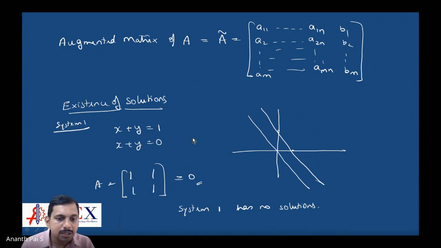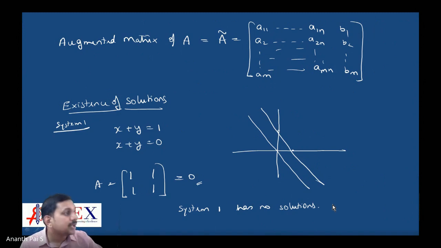Fine. Now, whether the system has a solution or not, it depends on finding the determinant of that coefficient matrix. If the determinant of the coefficient matrix is 0, then there are no solutions.